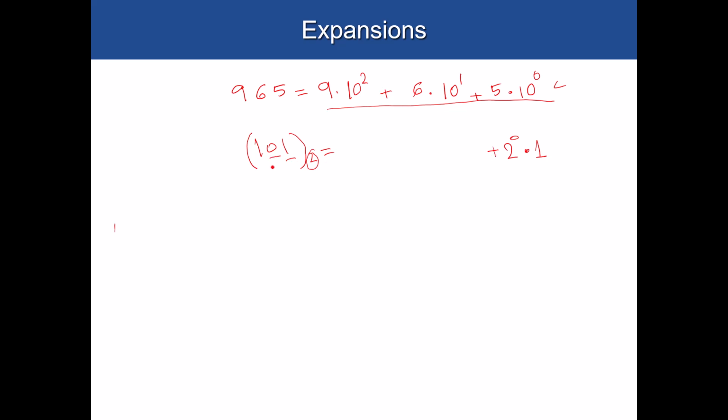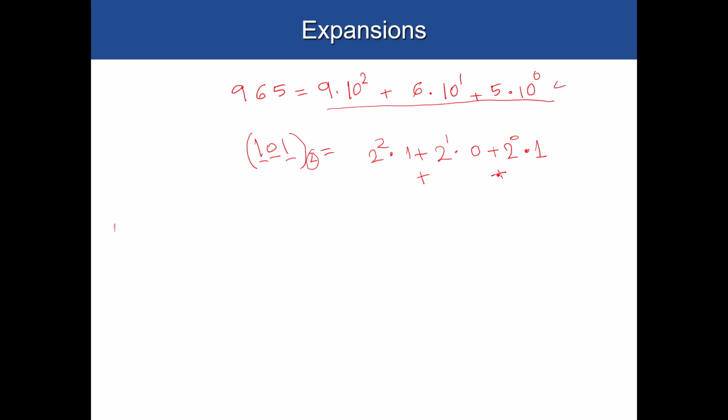And we take the second digit and we multiply it again by the base, this time to the power 1, and finally we get the 1 and we multiply it by 2 to the power 2, and then we do our calculation.